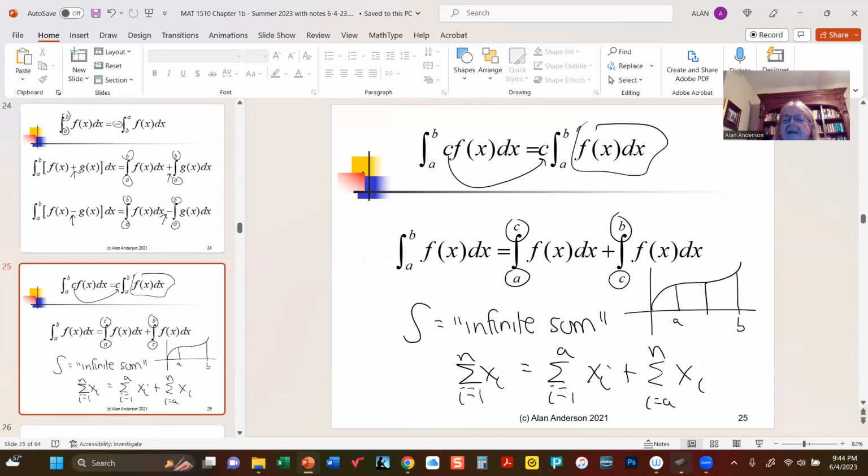Let's say this is A, B, and this is C. So what they're basically telling us here is that the total sum from A to B consists of this sum plus this sum. And what they've done is they've broken it up into two pieces. And yes, I've shown down here below how it is comparable to what we did before with these summation signs.